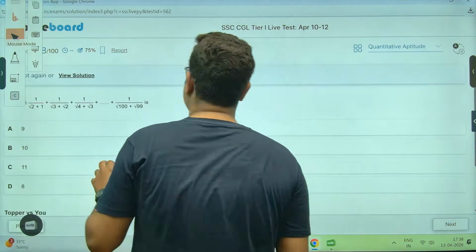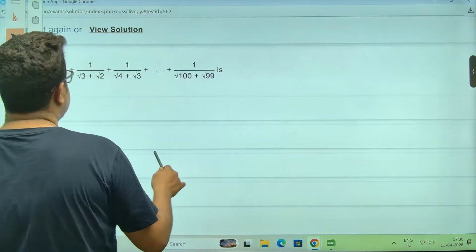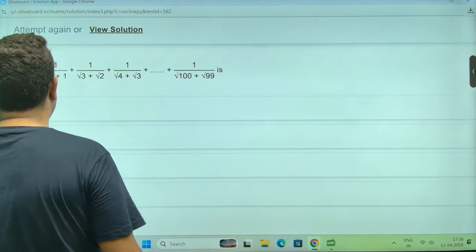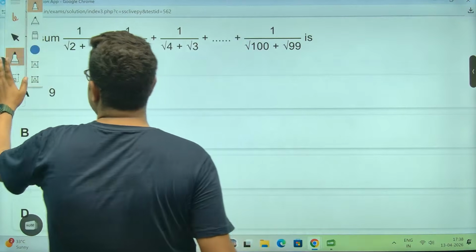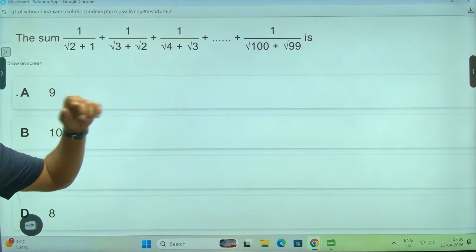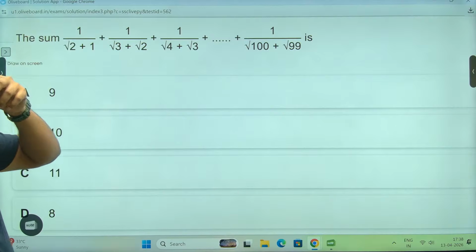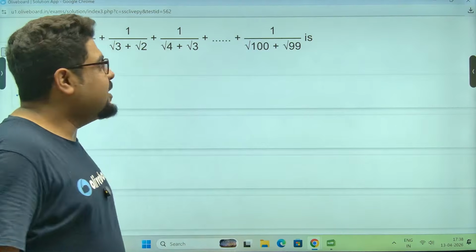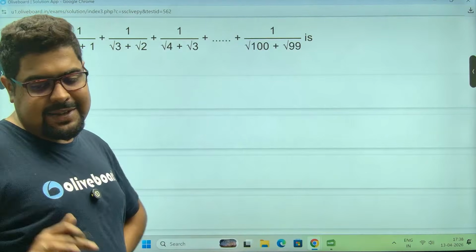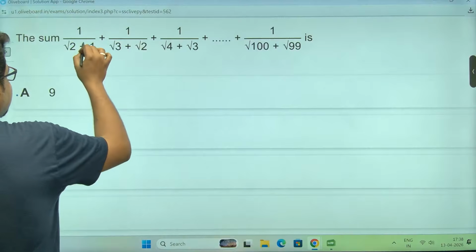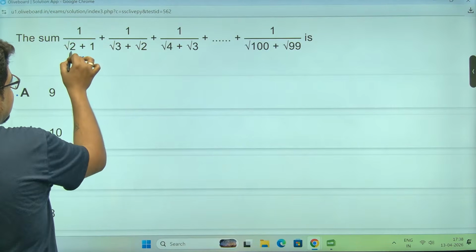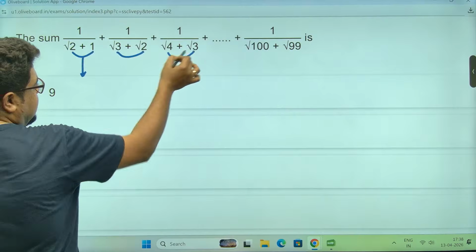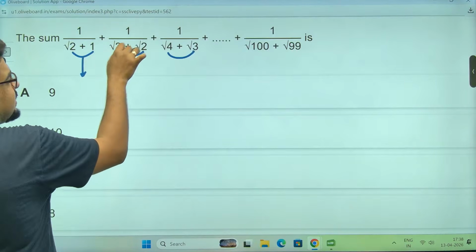Next one, please. Sequence and series. This is a V_n method question, where the first term and last term remain. The trick is that the gap is 1 here: 1 and 2, 2 and 3.